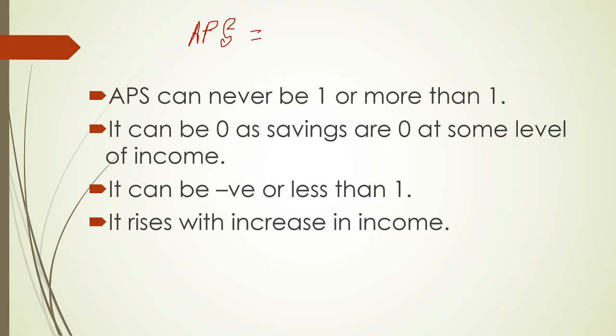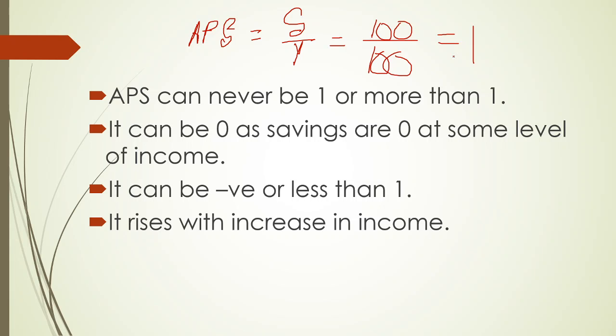APS is equal to S by Y. For this APS to be 1, S should be equal to Y. Suppose if income is 100, saving is also 100, then only we will get 1.